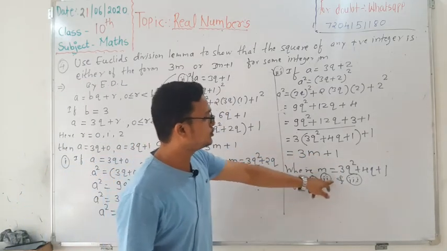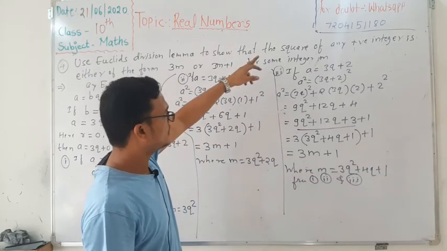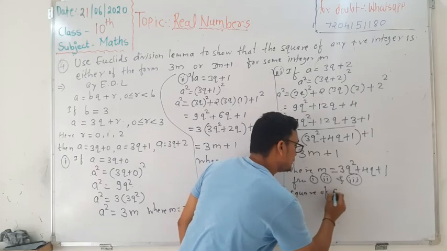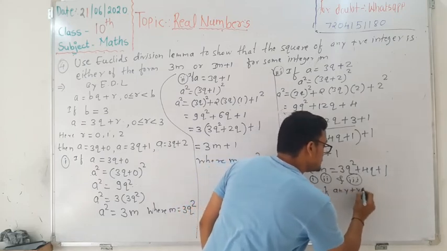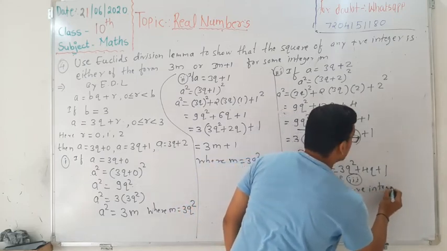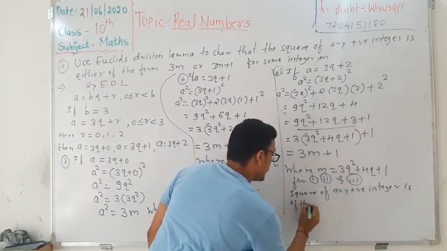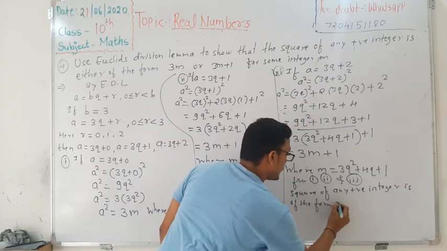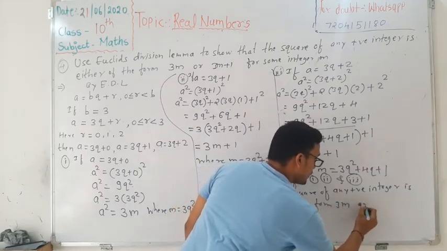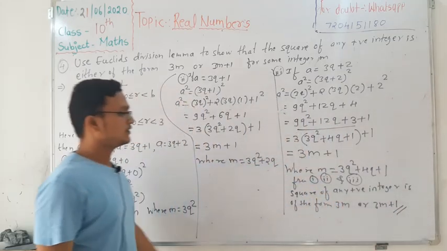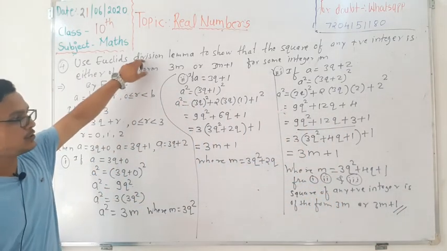So from 1, 2 and 3, what we can conclude is the square of any positive integer is of the form 3m or 3m plus 1. So it is proved, the given problem.